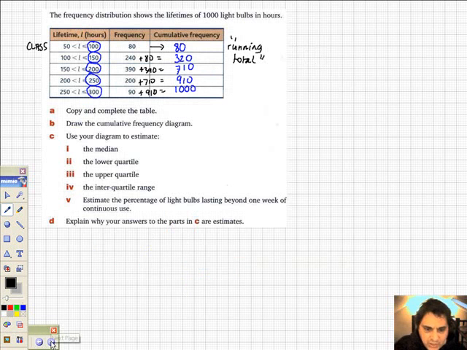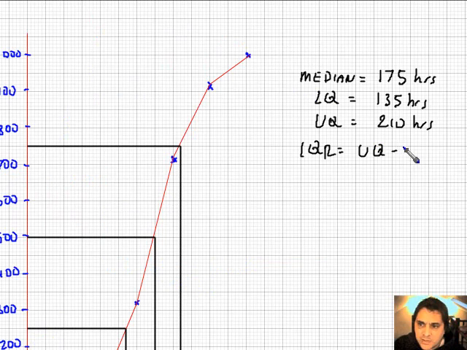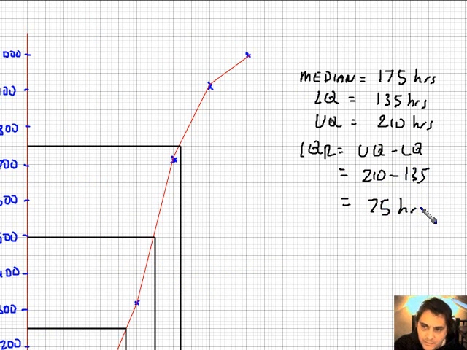What do they want us to work out now? The interquartile range, IQR, let's just do that straight away. You remember, that was the upper quartile take away the lower quartile. So we've got 210 hours take away 135, that's going to be 75 hours.